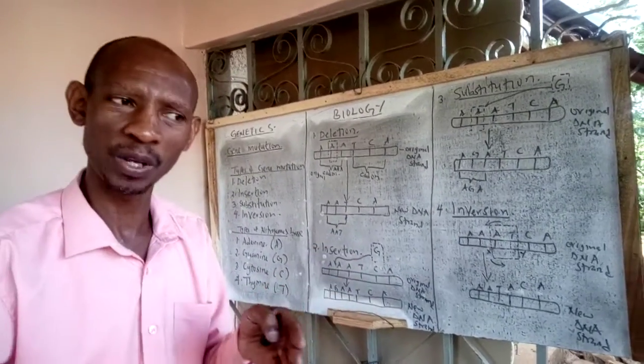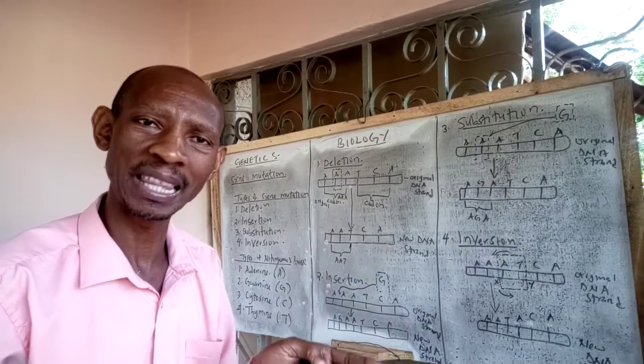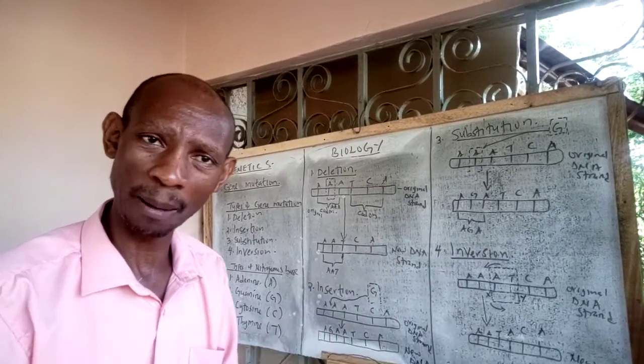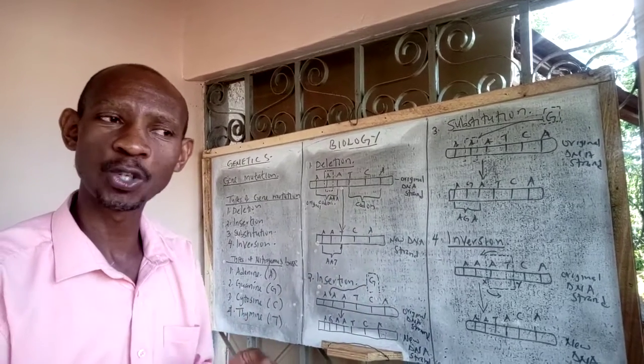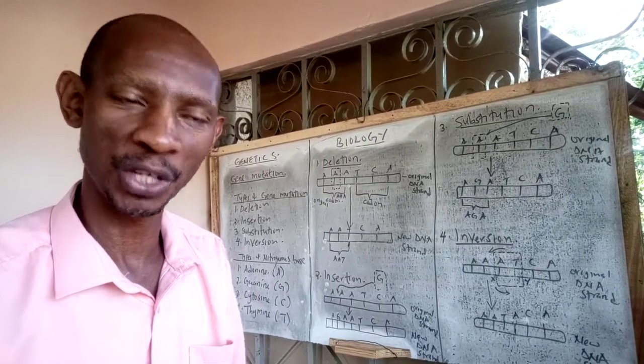We normally say they have been brought by the change in the genetic makeup, and therefore as a result of this, that is the inversion, it will lead to what we refer to as mutation.